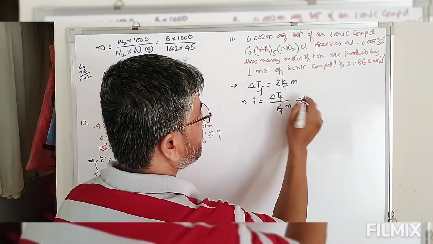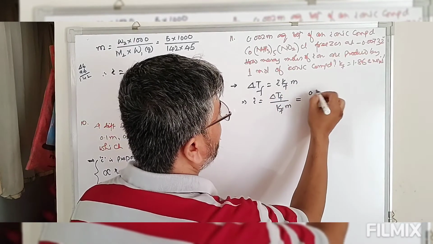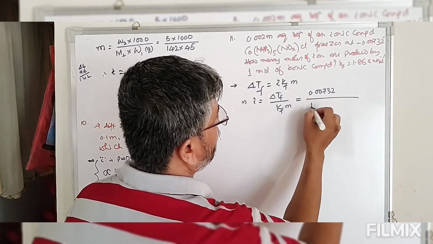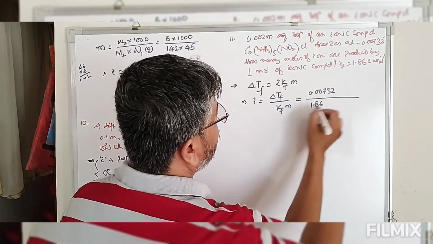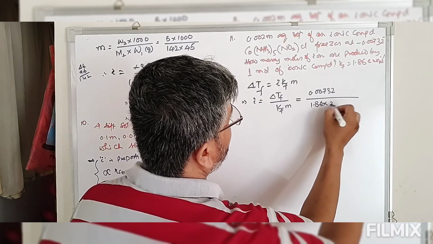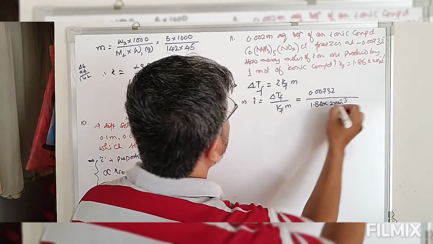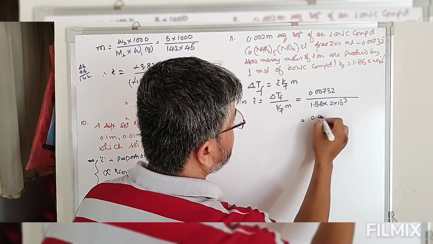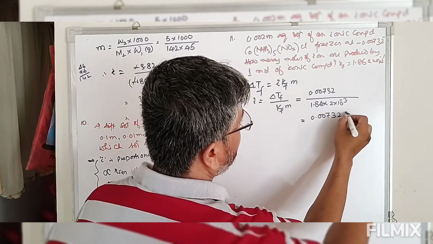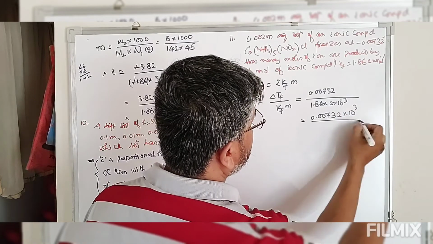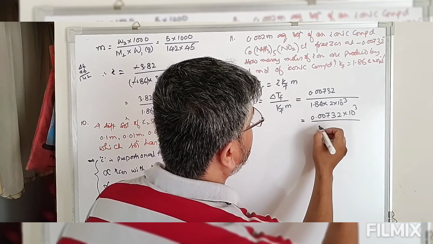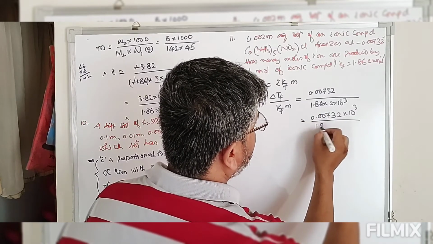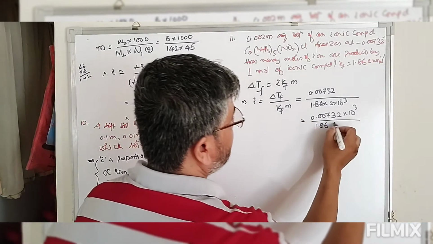So already the question has given delta TF. So delta TF is 0.00732 divided by Kf, Kf is 1.86, M molarity is 2 into 10 to the power minus 3. So therefore look at this, this equals to 0.00732 into 10 to the power 3 divided by 1.86 into 2.